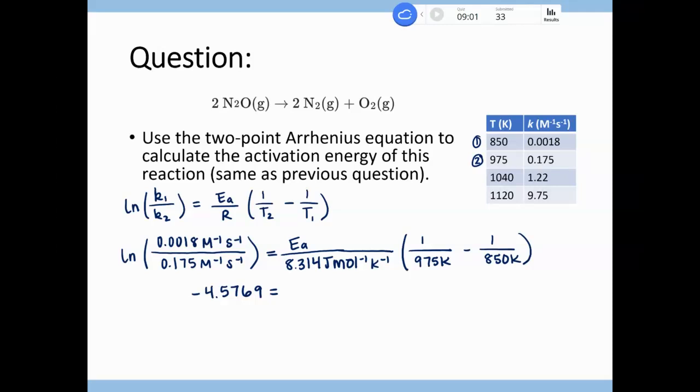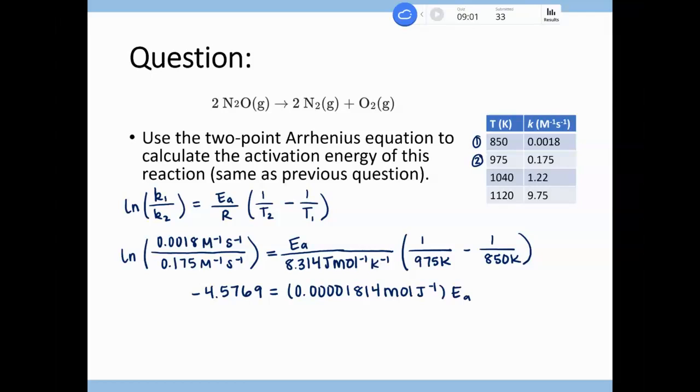That gives me a value that should be multiplied by activation energy, 0.0000, so 4 zeros, 1814 mole per joule times activation energy.